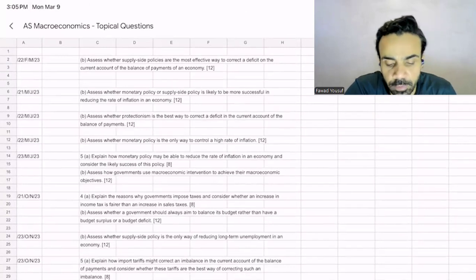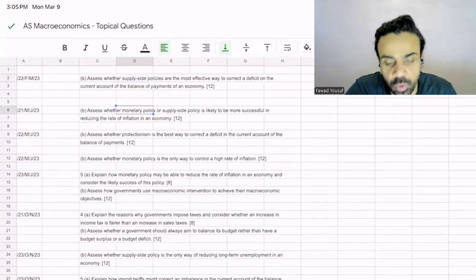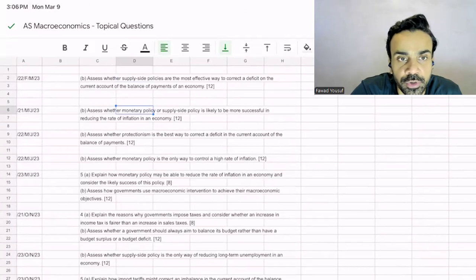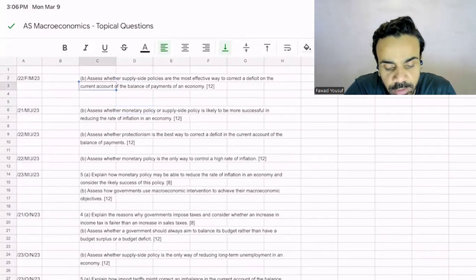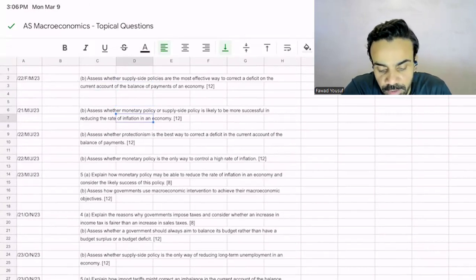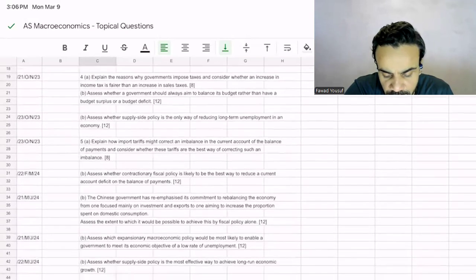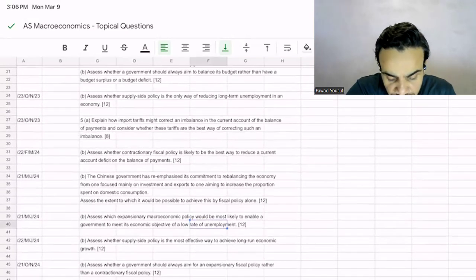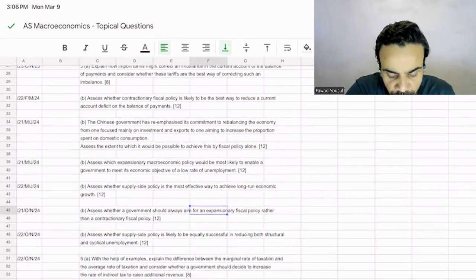Before we move into the supply side, you have to know all your policies, because mostly the question wants you to discuss how it will affect the current account, how it will affect the inflation rate, how it can affect your various macroeconomic objectives, so there are all sorts of questions and they don't stop. Unemployment, if they're asking you, they're going to ask you about contractionary, expansionary policy.